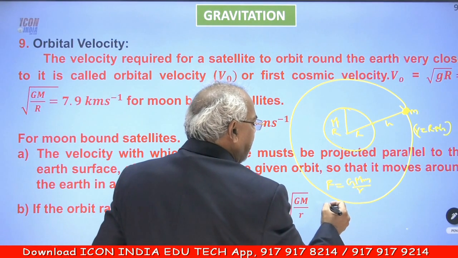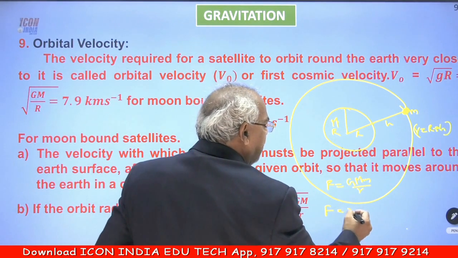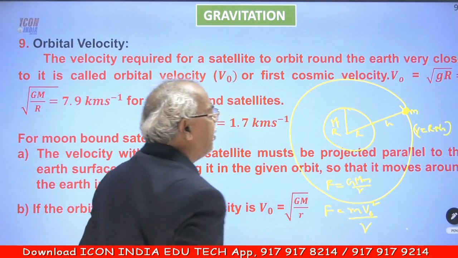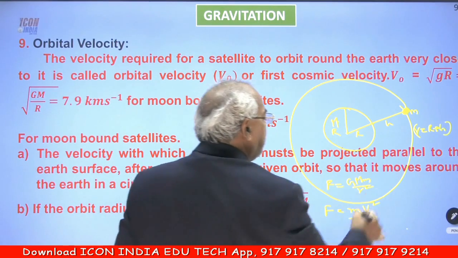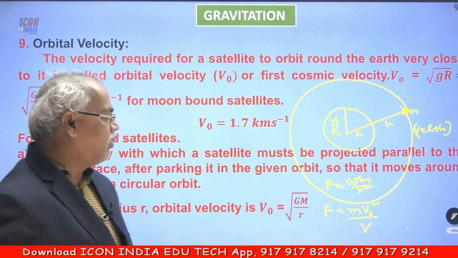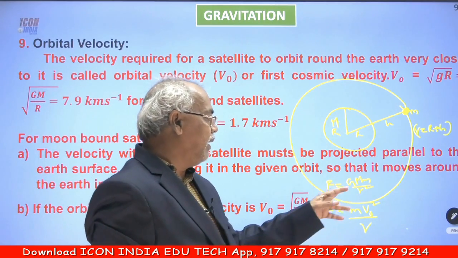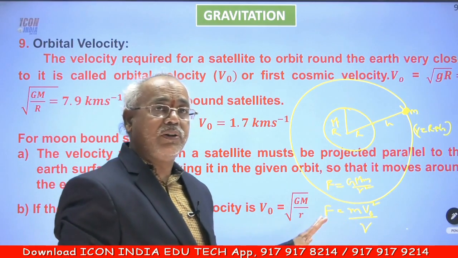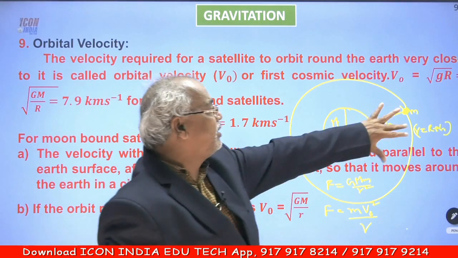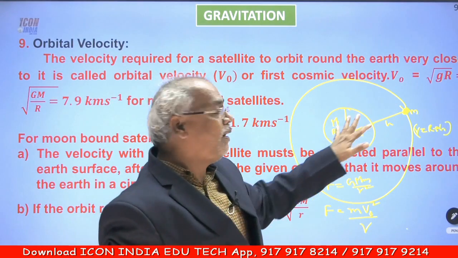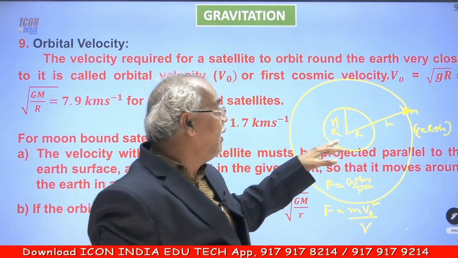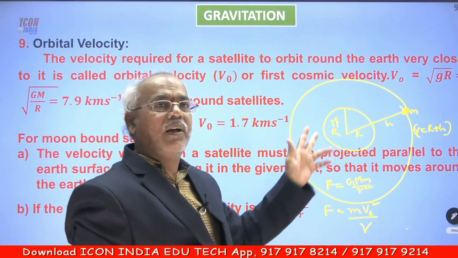So the centripetal force F is equal to m V naught square by r. F is equal to GMm by r square, and it provides the required centripetal force. By that centripetal force, this satellite revolves around the earth or around a planet in its orbit.